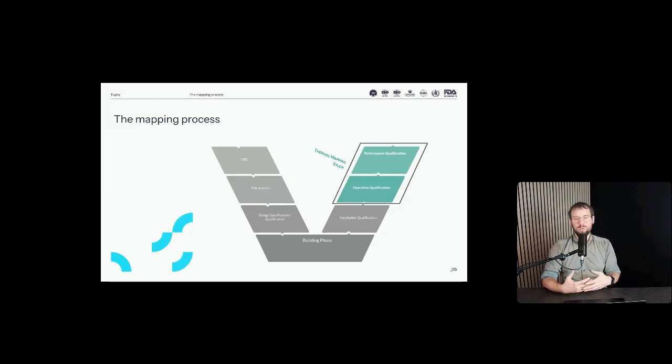But basically, we need to ensure that if we have defined a certain set of criteria for how a temperature controlled environment should behave, or what the specifications are, we need to adopt a methodology where we can prove or document that those conditions are actually what we see in the real world. So we often like to draw it as such.